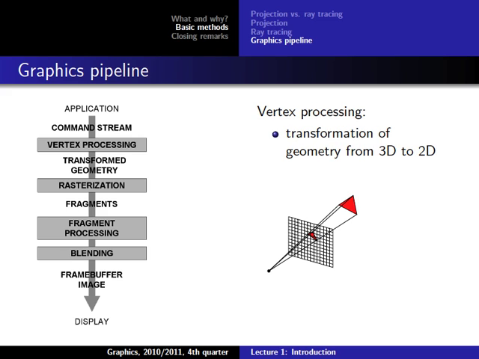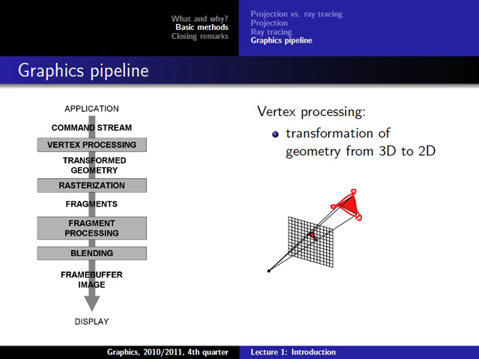So it basically takes the vertices. So in this case, a triangle, you have 3 vertices defined by these 3 points here. You project them on the screen, and then you have a 2D representation of the 3D triangle on the screen, and this is done in this vertex processing step. There are, of course, other things done in this step. So for example, you can do some first shading there, you can put color there, do some color processing.